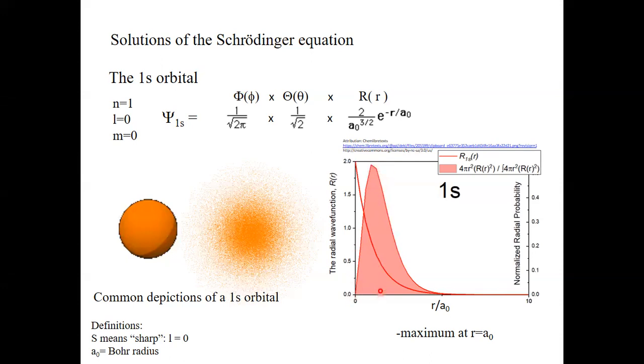Now, if we analyze where exactly that maximum is, we find something very interesting. It's actually exactly at the Bohr radius, a0. Okay? So now that makes a nice connection between the quantum mechanical model of the hydrogen atom, the wave mechanical model, and the Bohr atom model. All right?